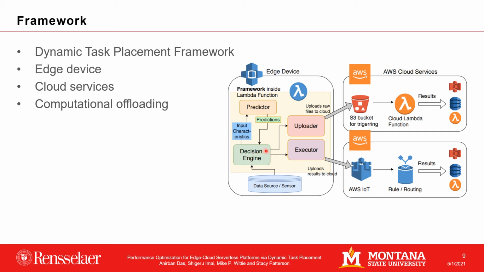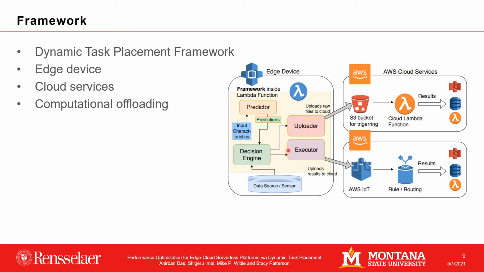Okay. So once the decision is made, the uploader module will upload the raw files or the input data to the public cloud. In the public cloud, this raw data is stored in a bucket, which will in turn trigger serverless functions, and the serverless functions will do the computation and store the results in the public cloud.